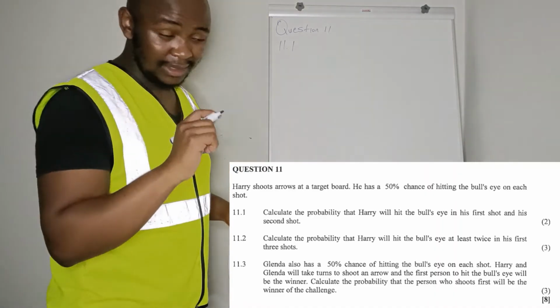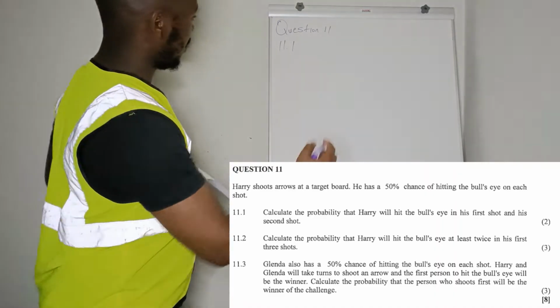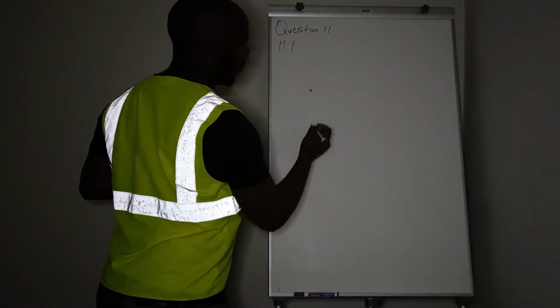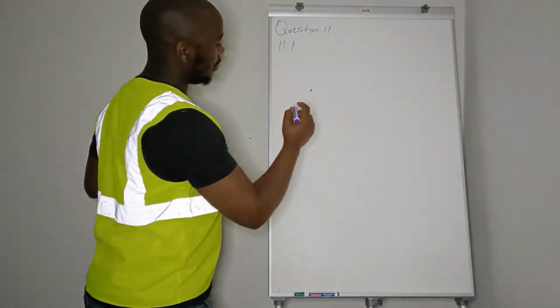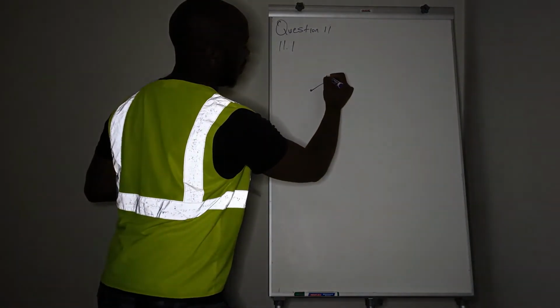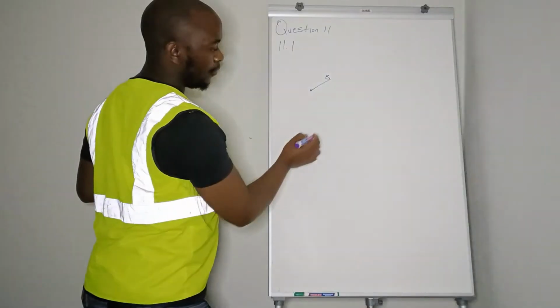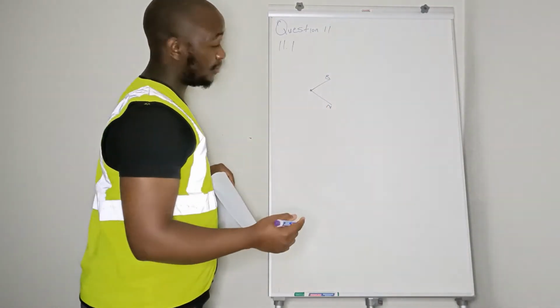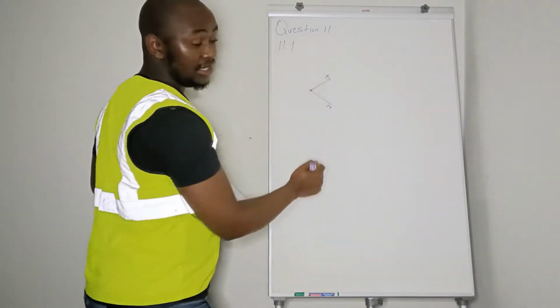So I'm going to say the first shot. On the first shot, so we start here. On the first shot, there's a possibility that we can hit the bull's eye. We call that event B. Or we cannot hit the bull's eye. What is the probability of hitting the bull's eye?